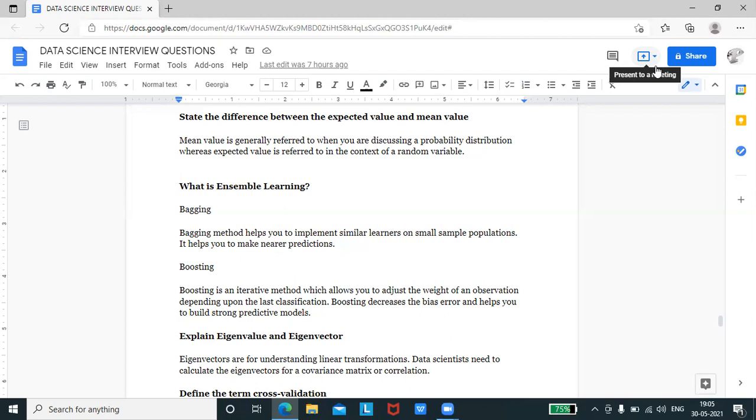Bagging is usually applied where the classifier is unstable and has high variance. Boosting is usually applied where the classifier is stable and simple and has high bias. So ensemble is a method used in machine learning algorithms.